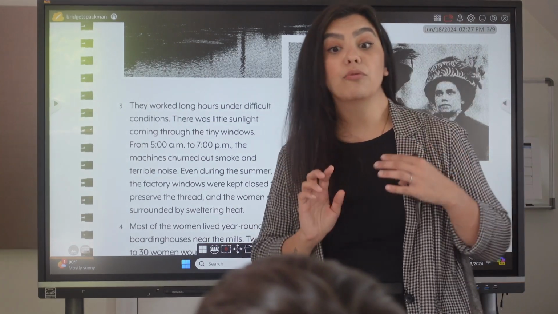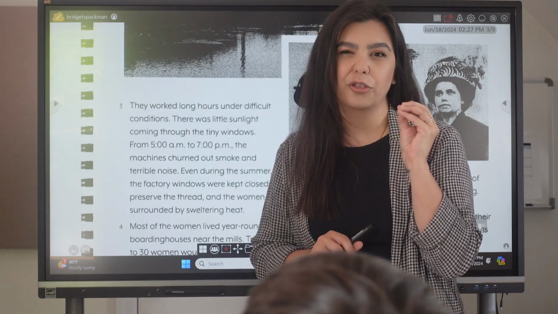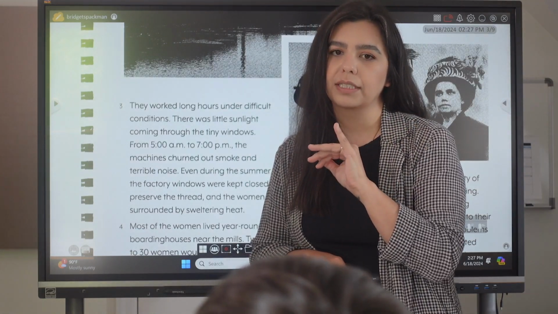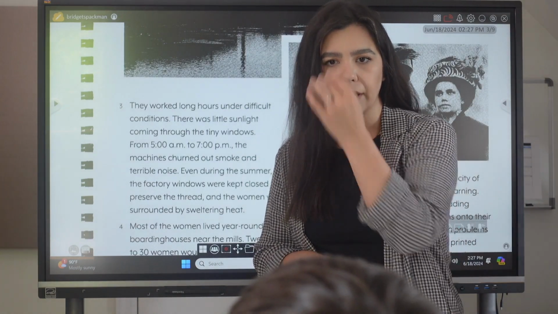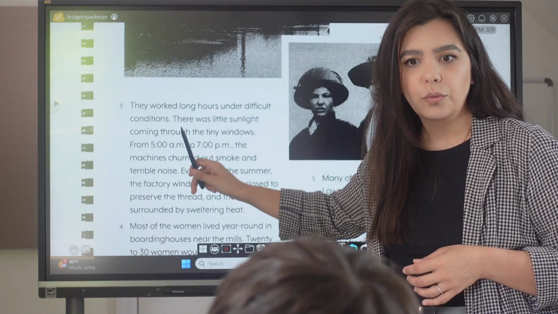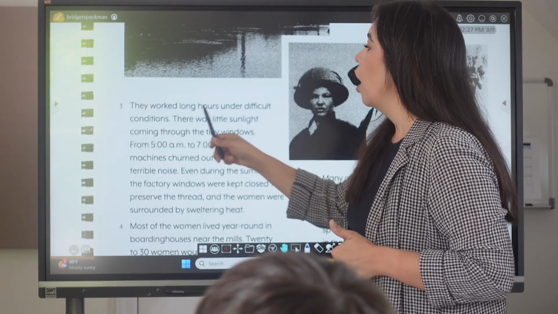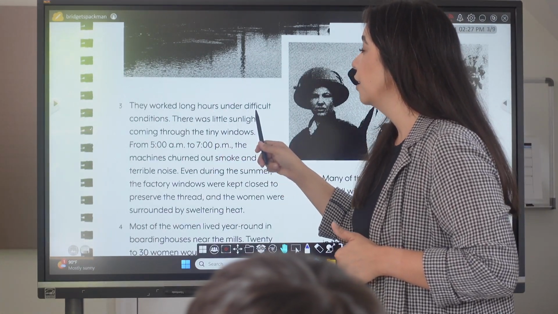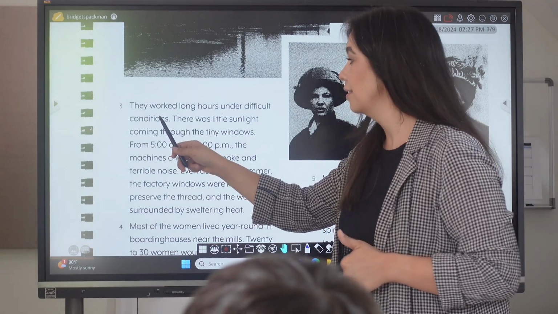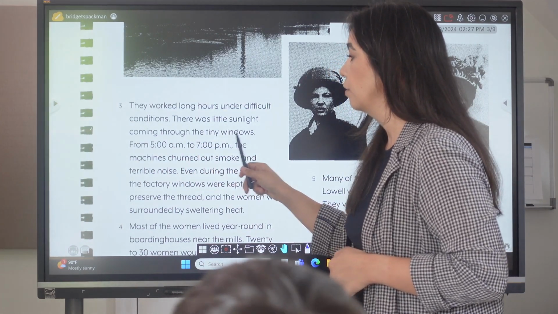And what I'm going to do is read this next paragraph with you. But this time I'm going to have you think about 3 to 5 words that really focus in. And we'll talk about it before I let you do that by yourself, okay? So reading this with me, and I'm going to stop at certain words and I want you to chime in. Cool? Okay. They worked long hours under difficult conditions. There was little sunlight coming through the tiny windows.